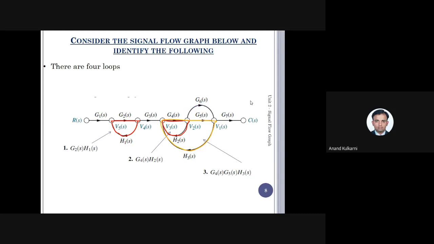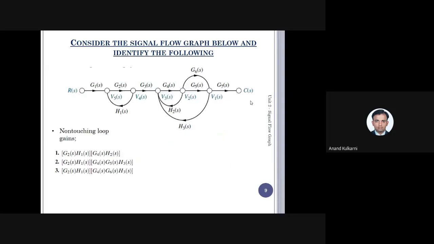So in this case, with the red color, L1 and L2 is the first non-touching loop pair, L1 and L3 is the second, and L1 and L4 is the third. That is all shown here. This is L1 and L2 because G2 and H1 is L1, G4 and H2 is L2. Then L1 remains the same.